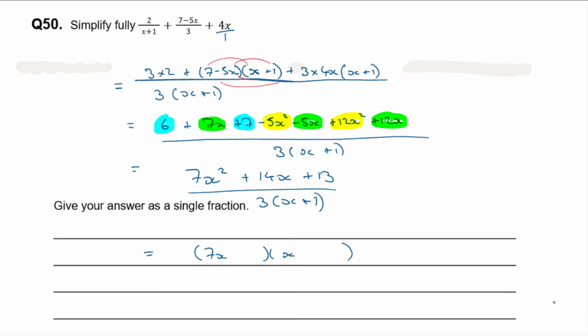I don't think that's going to work out, is it? Because if I put the 13 one way, I'm going to have a huge number of x's in the middle, and if I put it the other way, I'm not going to have 14x in the middle. So no, it doesn't factorize, unfortunately. So it doesn't look like I'm going to cancel it out with my 3 lots of x plus 1 after all. So I'm going to leave it there then. Okay, that's about as far as I'm going to get.